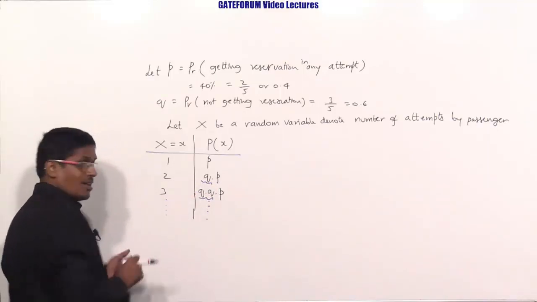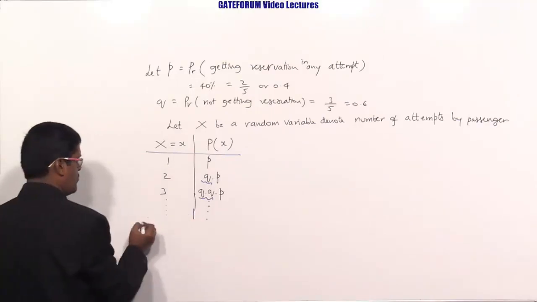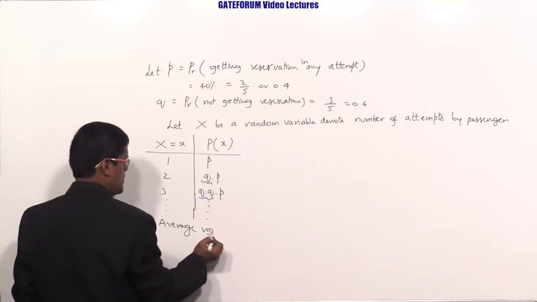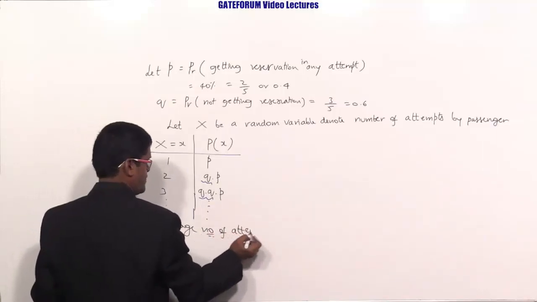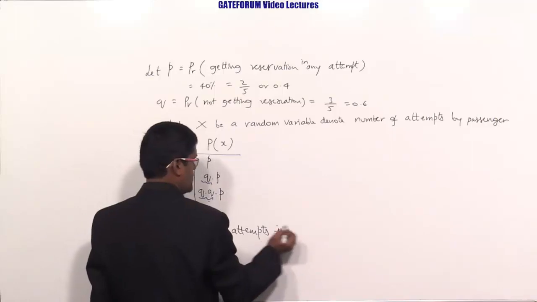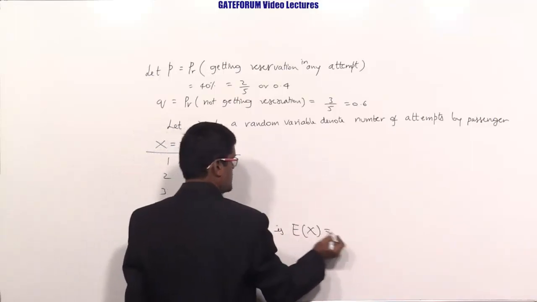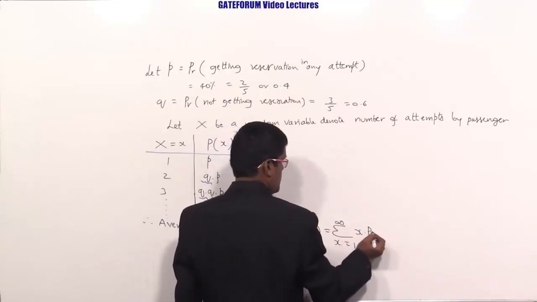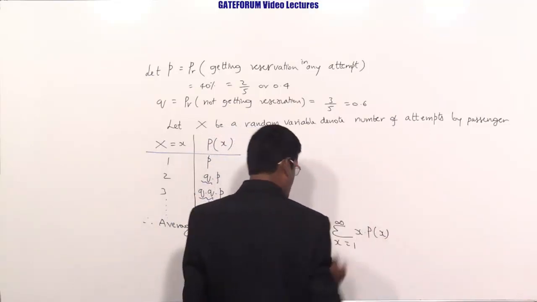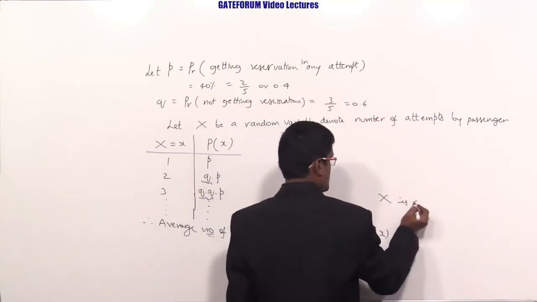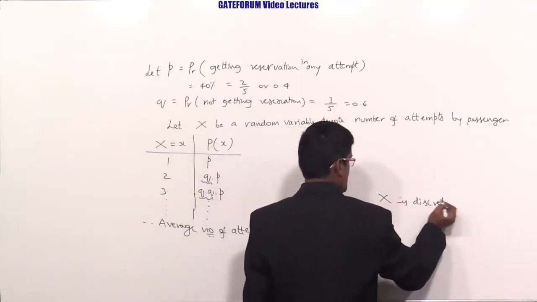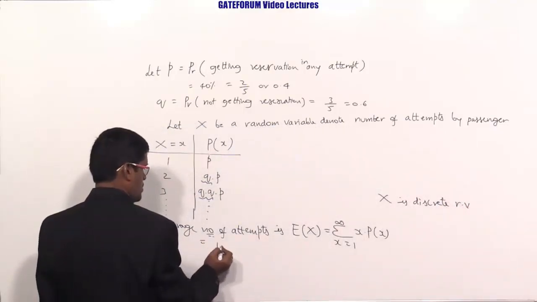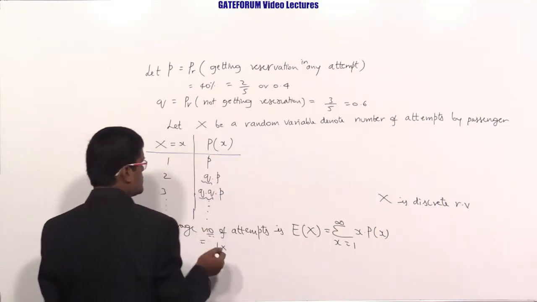They are asking the average number of attempts, therefore average number of attempts is nothing but expectation of X. This is a discrete random variable, summation X equals 1 to infinity X into P of X. So here X is discrete, RV stands for random variable. X value 1, probability of 1, that is P of X.